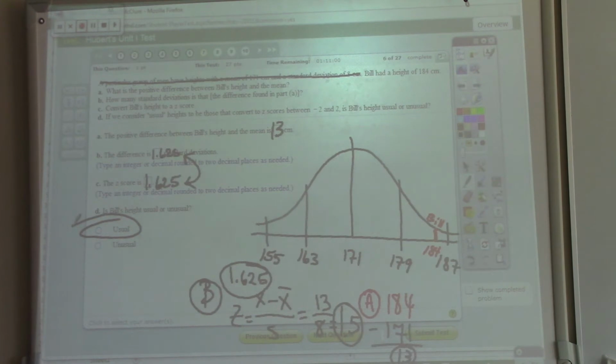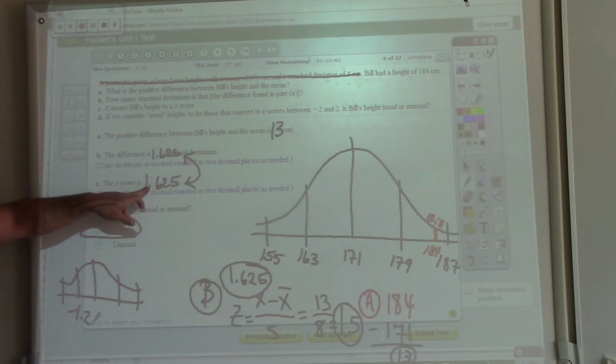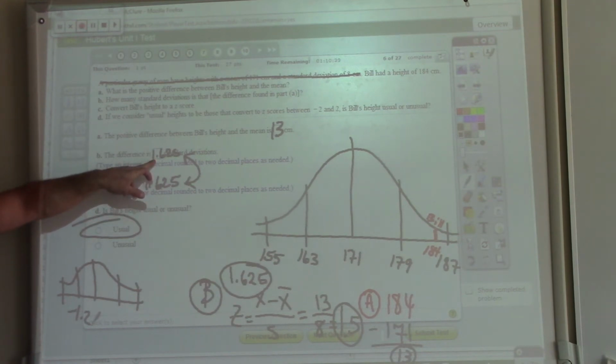The only thing you need to watch on these is if you have a negative z-score. Let's say you have a negative z-score of negative 1.2. The negative 1.2 goes right here, but what goes right here? 1.2 without a sign, because distance can never be positive or negative.